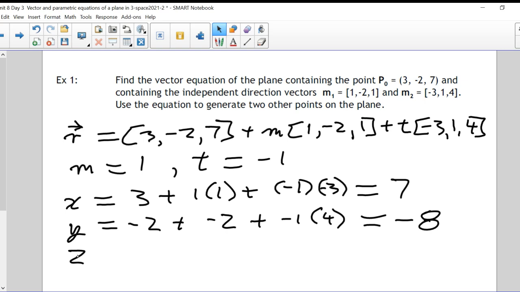And then my z value, I think I did that right. -2 -2, that's -4. And then another -4 -8. And then my z value, again, would just be equal to 7 plus, this looks like 1 again, plus this looks like -4. Okay. And that would be equal to 4.